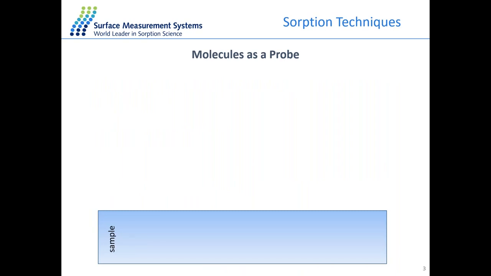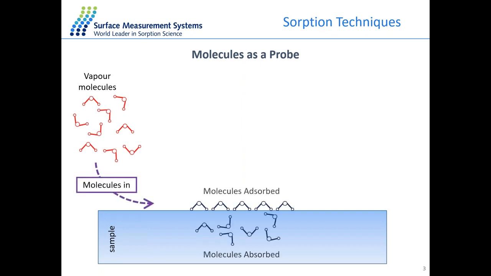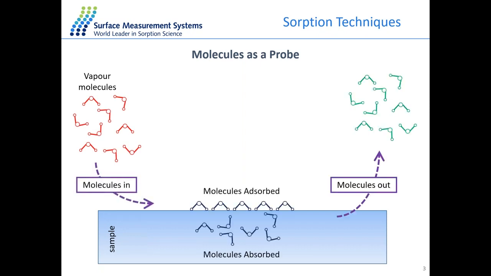The two techniques we are introducing today are both vapor sorption techniques, where we use molecules as the probe for the characterization of the solid material. When the molecules interact with the solid, they will either be adsorbed on the surface of the material or absorbed into the bulk of the material.